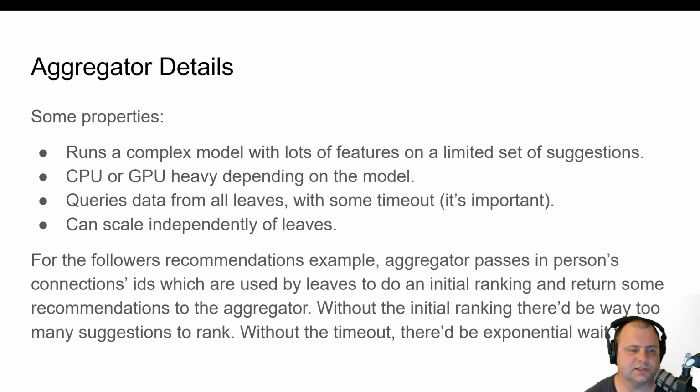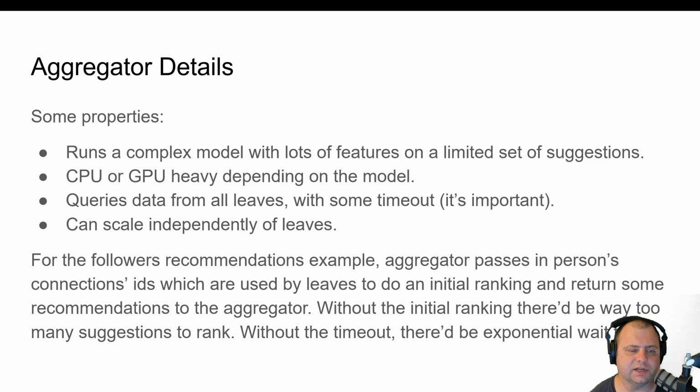With modern hardware, it may often depend on how much cost you are willing to pay and what the trade-off is. But the important thing to note is that the order of magnitude for what the Aggregator evaluates is significantly smaller than what the Leaf evaluates. And running the same model on all suggestions would be much more expensive than running it on a limited set of suggestions, of course.